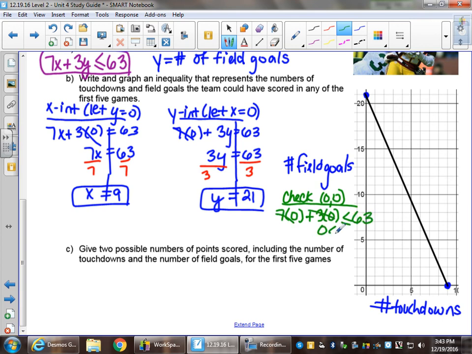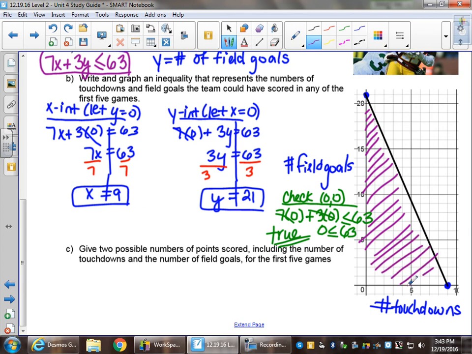So that gets me 0 less than or equal to 63. That is true. So we shade the side that 0, 0 is on, which is this one. If you end up going over a little bit, you can just take your eraser and kind of edge it back, okay?